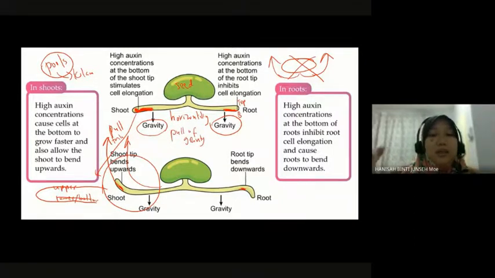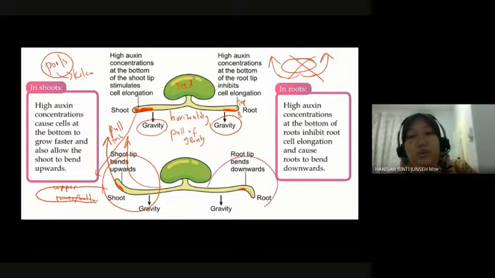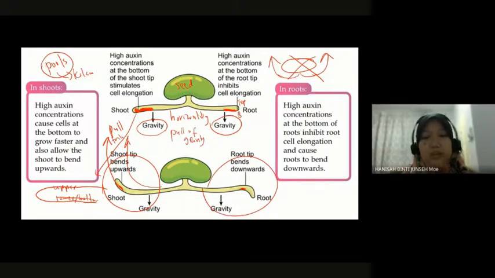Tapi this root, it grows downward, so it follows the pull of the gravity. So it shows a positive geotropism. Boleh? Tu je soalan, boleh? Okay.